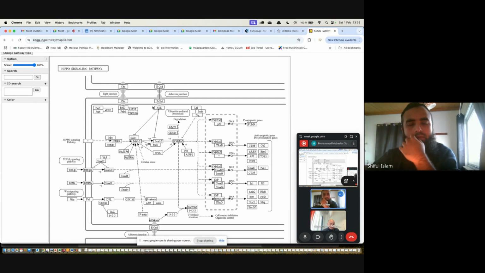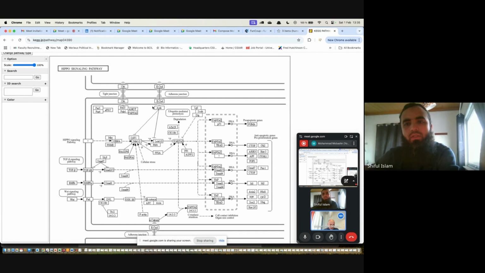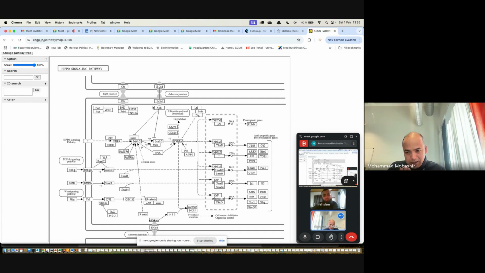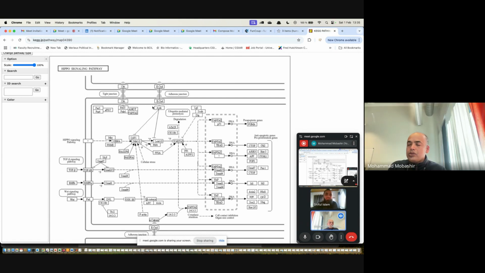So more disasters could come up as a result of alteration in those genes. Clear?